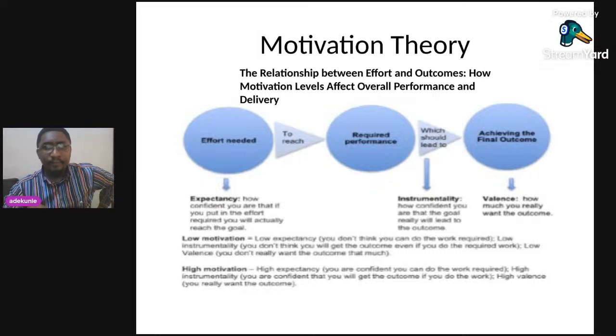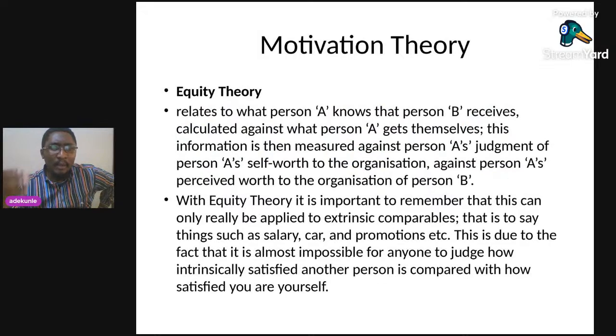Now we'll talk about another process theory called equity theory. Same thing, based on the example we talked about, we'll look at the screen that relates to what person A will talk about.